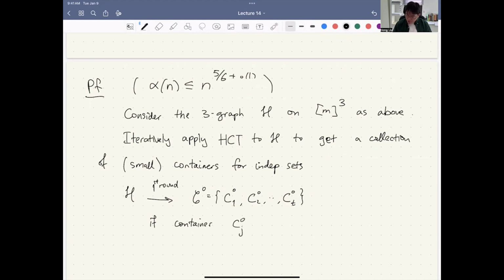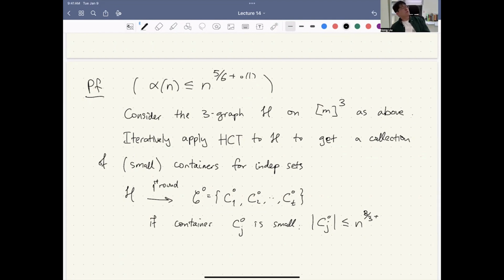Let's say C_{j,0} is small, meaning the size of this container is smaller than n to the 8/3, I think, plus little o(1), plus some epsilon, delta.